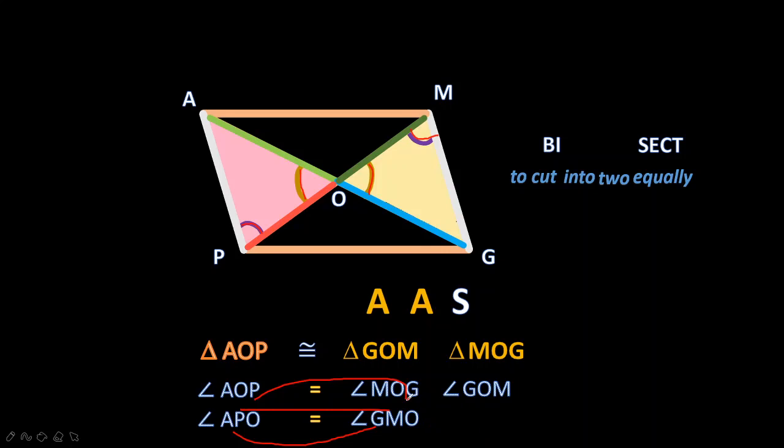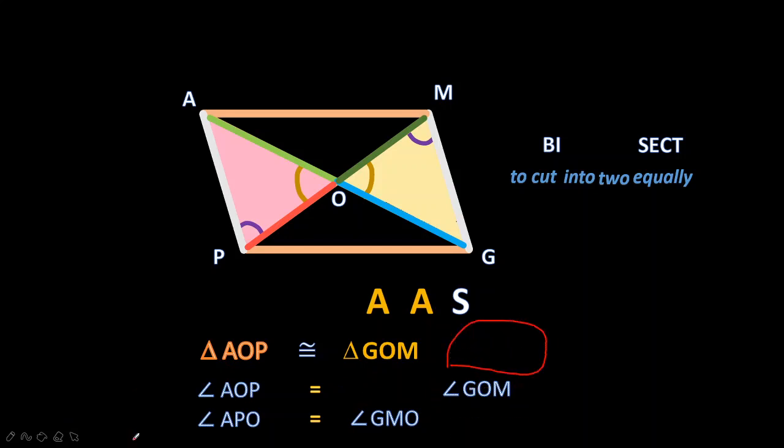Because of that, I cannot take MOG, because A corresponds to M there, so that is wrong. So I'll take MOG out. So this is the right way of writing: triangle GOM. So triangle AOP is congruent to triangle GOM.